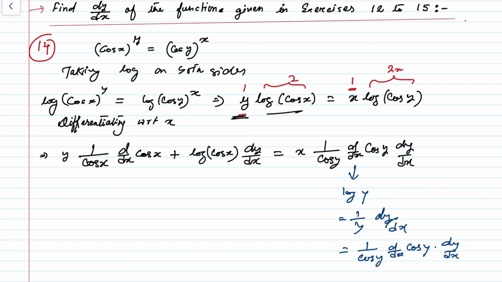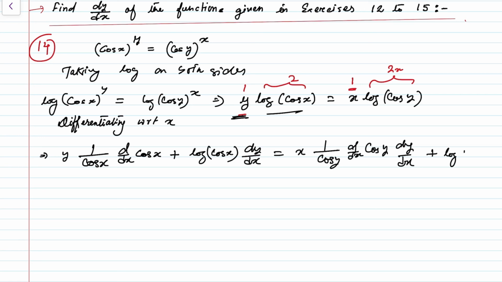Hope you have understood this. Plus the second function, that is log of cos y, times the derivative of the first function, x, and the derivative of x is 1 simply.